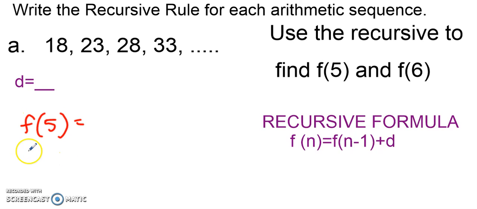So we got f of 5, f of 6. So knowing that the recursive formula is always f of n minus 1, or the previous term, plus d, how are you going to write out these in the proper notation? I would like you to complete this example on your own. Make sure you pause the video.